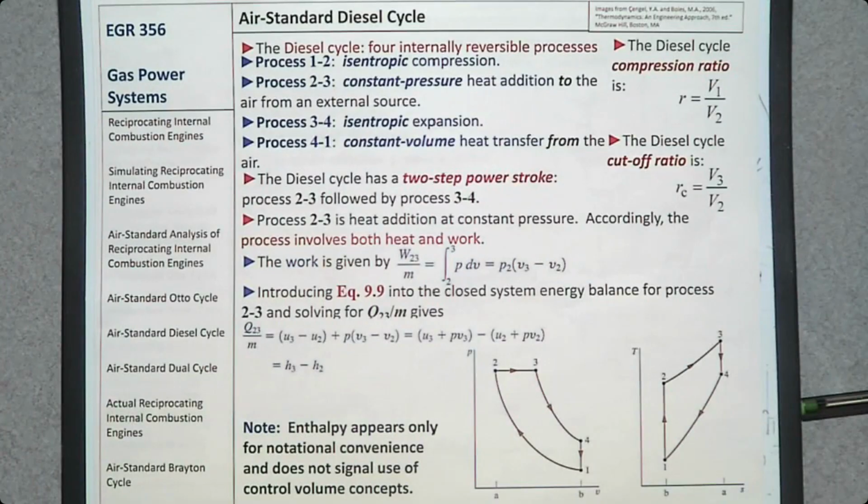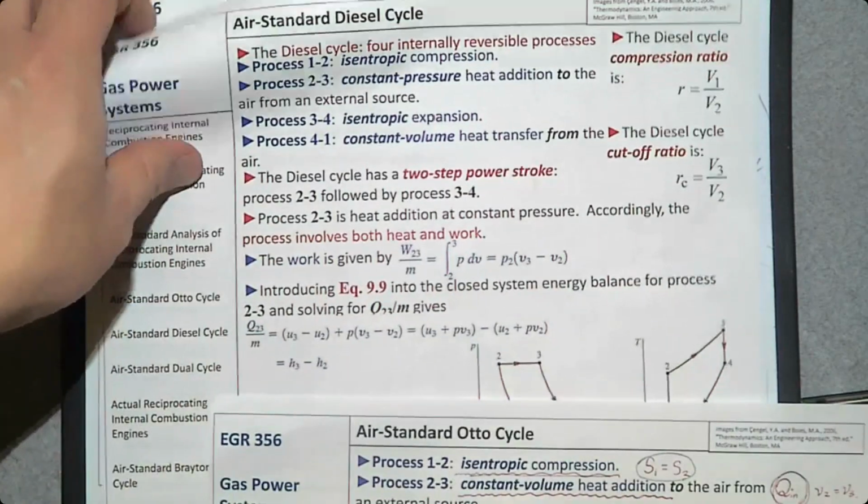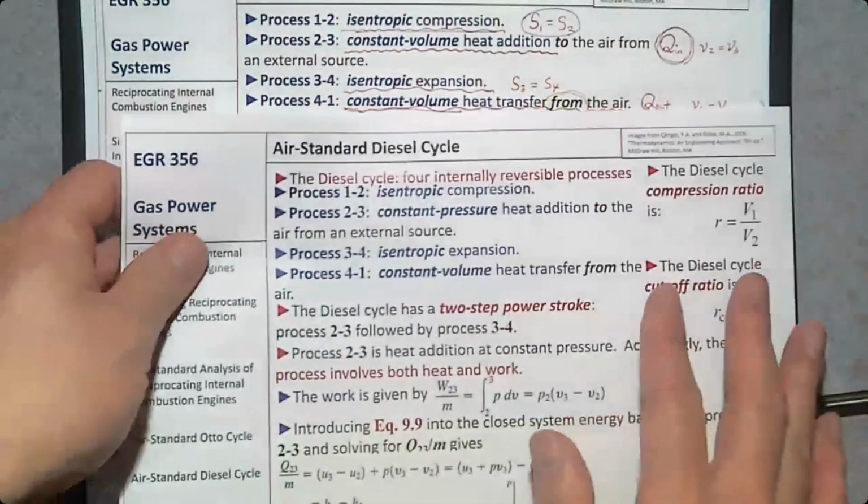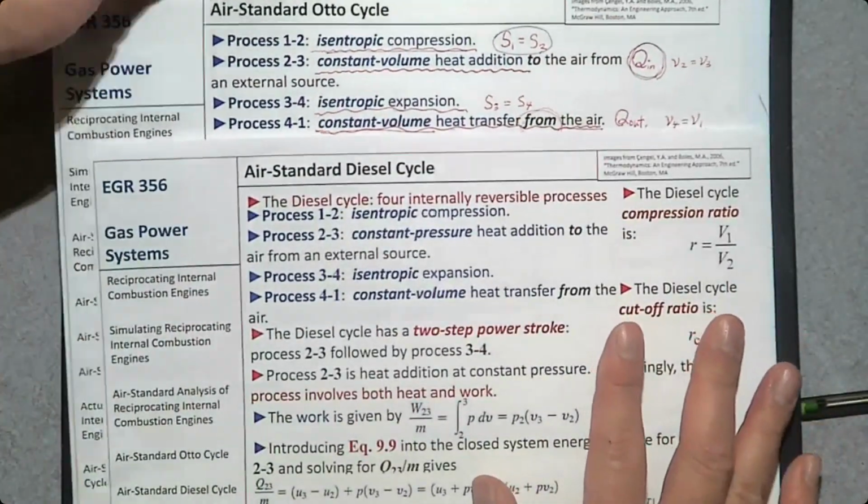There's not much difference between Otto cycle and diesel cycle. The only difference is going to be between 2 and 3. So let me show you the difference between Otto cycle and diesel cycle.